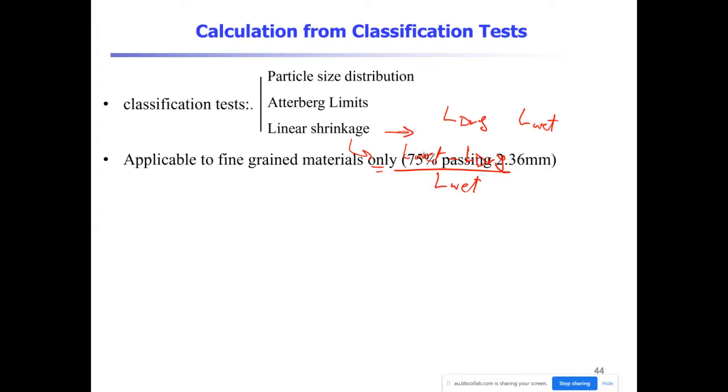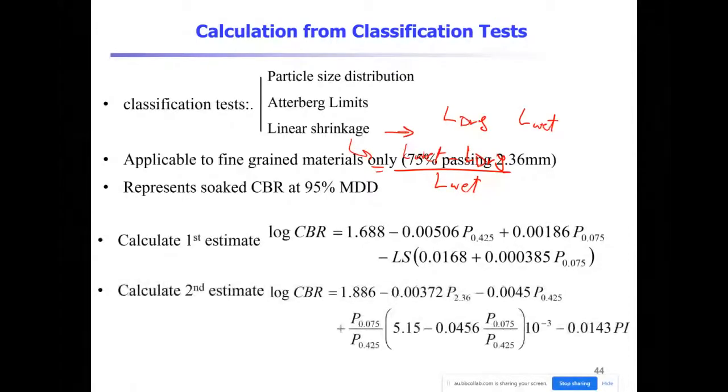And based on the results, there are two empirical equations that I'm going to show you here. You can see them here. Use these two empirical equations to indirectly determine the value of CBR.